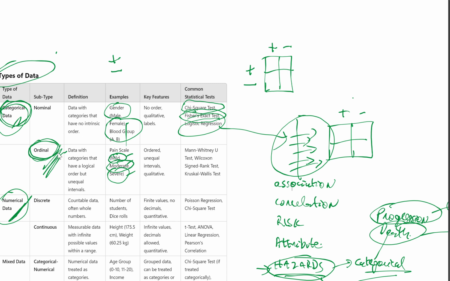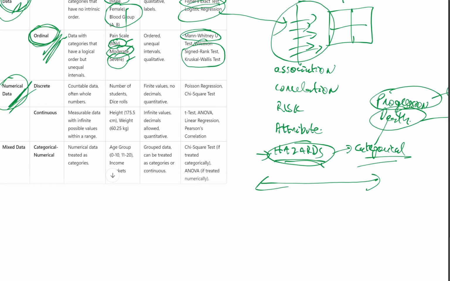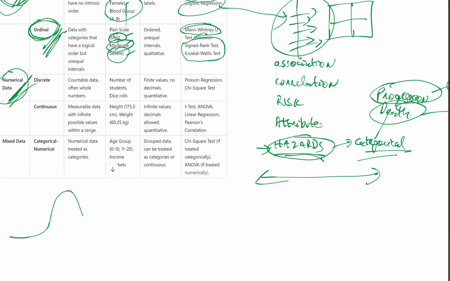And if it is ordinal and clearly defined, then we would use the Mann-Whitney U test or the Wilcoxon signed-rank test or Kruskal-Wallis test. Supposing it is numerical data. Numerical data we need to organize in terms of the mean, the lowest value, and the highest value.